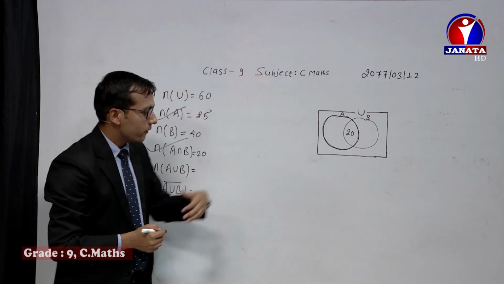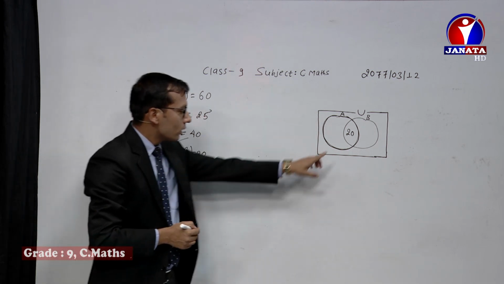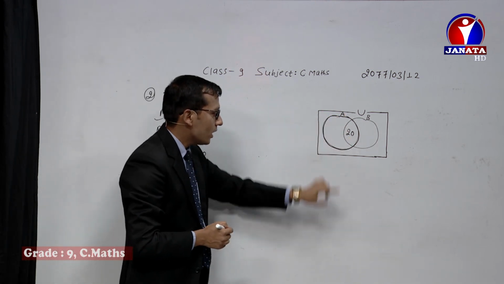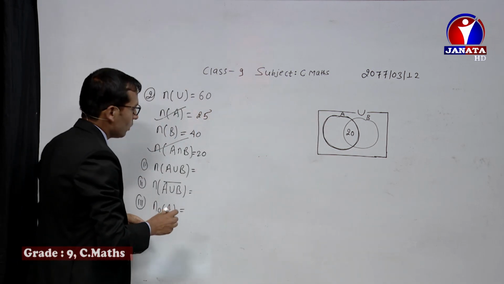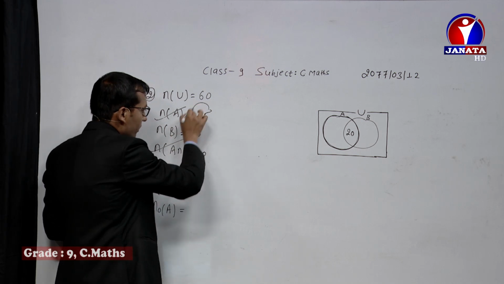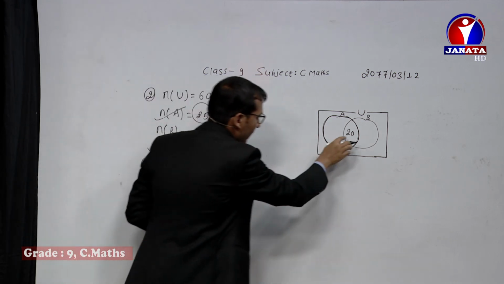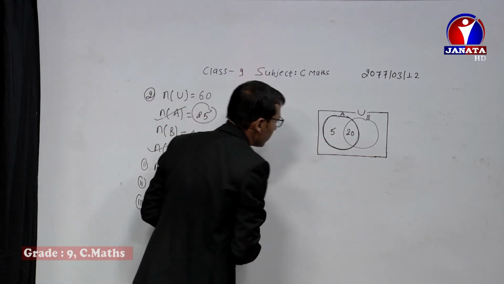So if we deduct the intersection from n of A, we obtain n only A. Total n of A is 25, so 25 minus 20 is 5.